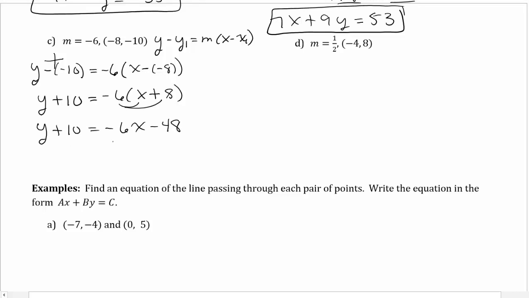And then we want to add the 6x to both sides. That gives us 6x plus y plus 10 equals negative 48. And then subtract 10 from both sides. So our final answer is 6x plus y equals negative 58.